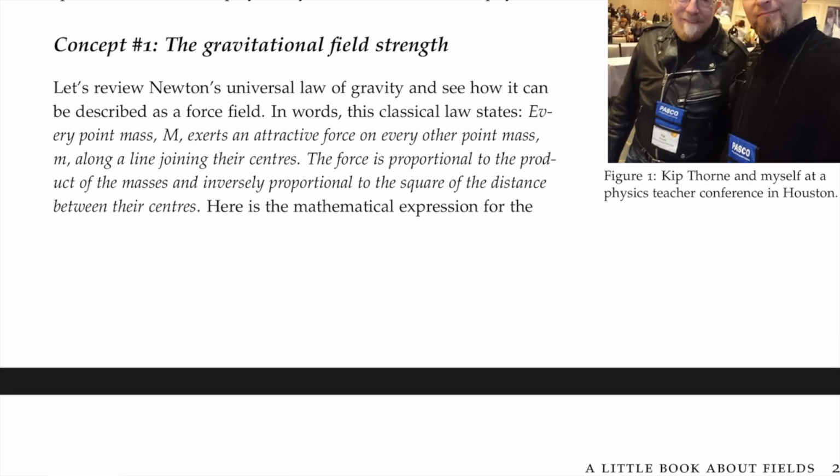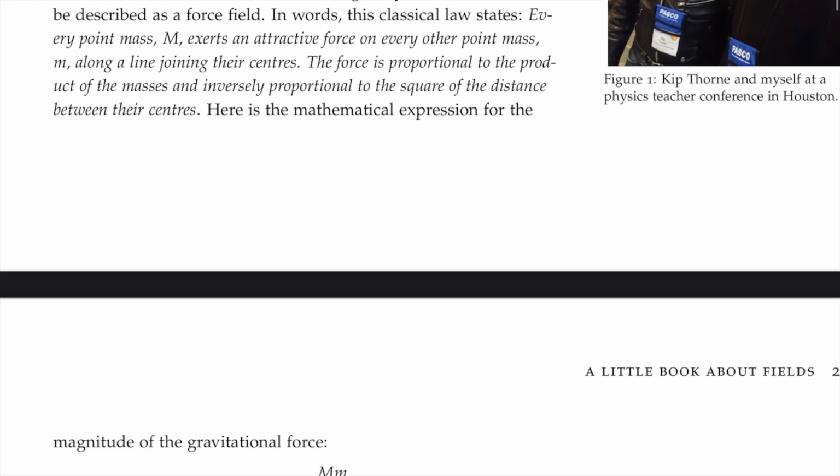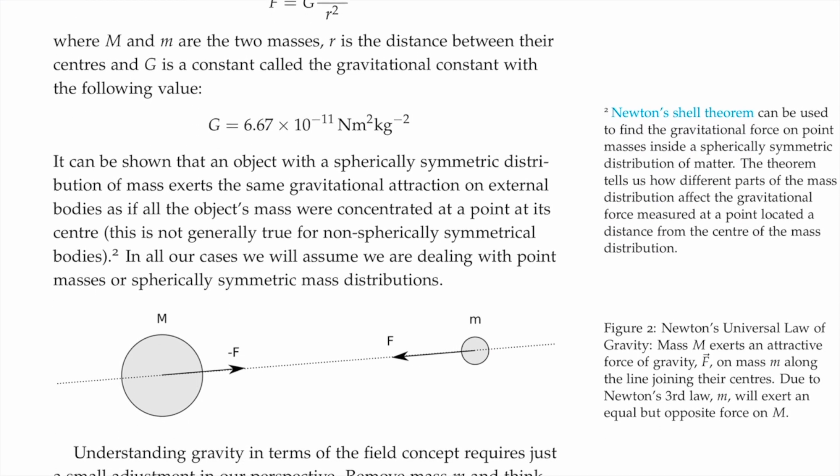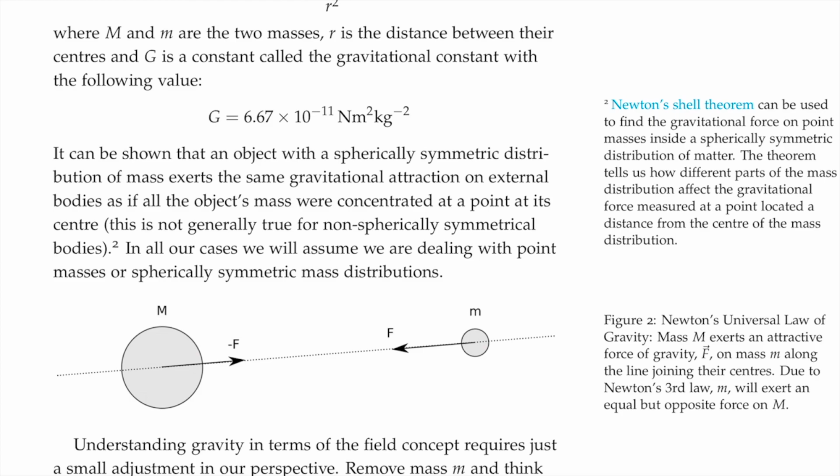This law says something about point masses, but it turns out you can show that any object that has a spherically symmetric distribution of mass, like planets and moons, exerts the same gravitational attraction on external bodies as if all the object's mass were concentrated at a point at its center. So it's important to know that Newton's universal law of gravity applies to planets and moons, where we just have to take the distance from the centers of those objects.